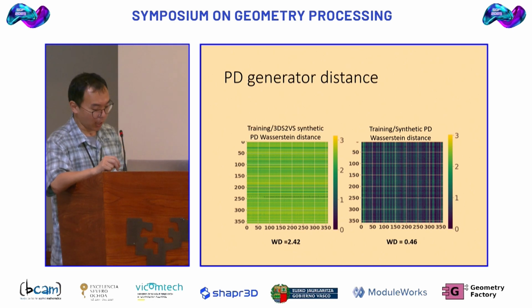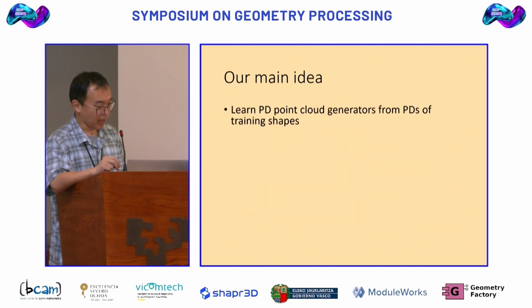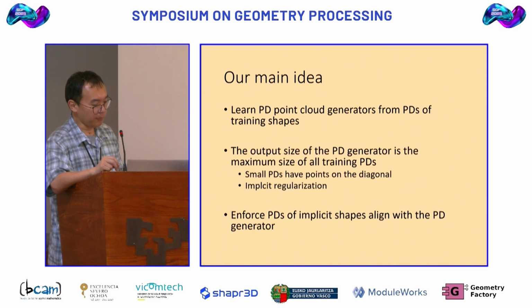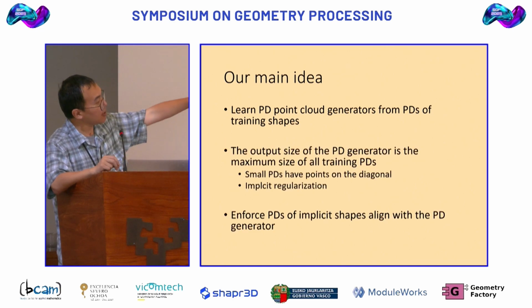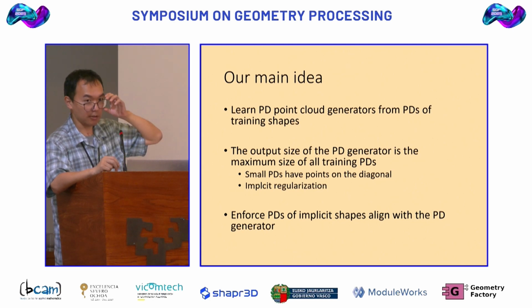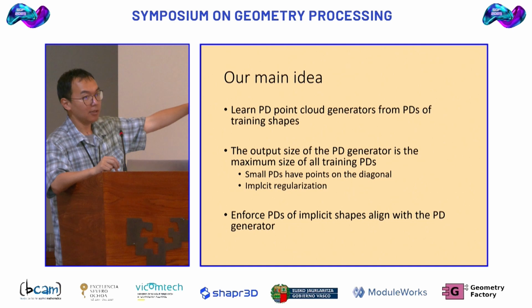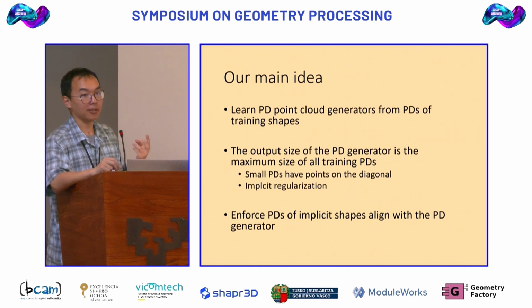If they generalize a lot better, the idea is that we learn PD point cloud generators, right? Then we enforce PDs of implicit shapes along with the PD generator, right? How to do that? Those come from the 2 SGP papers, okay? So this is a very simple idea, right?